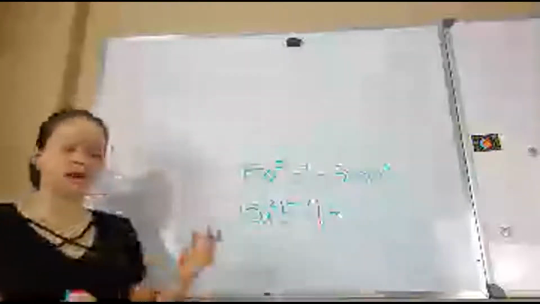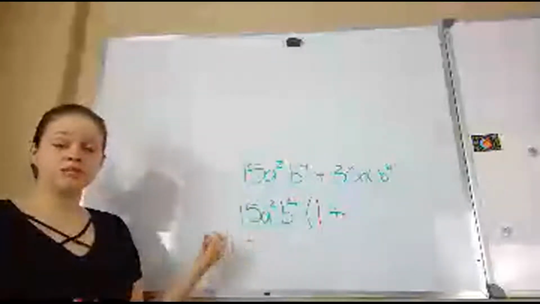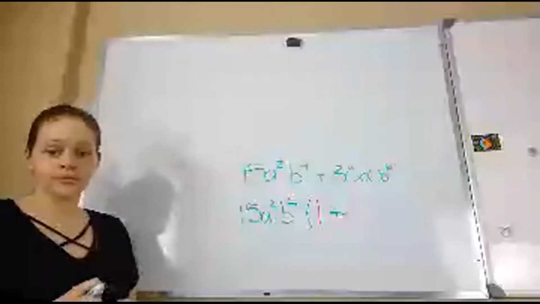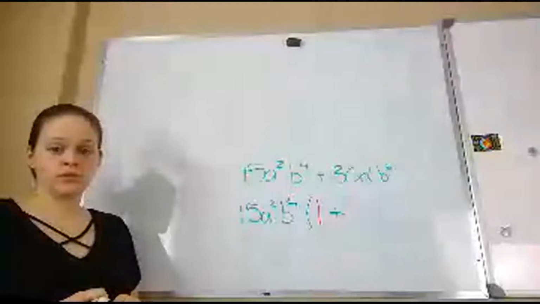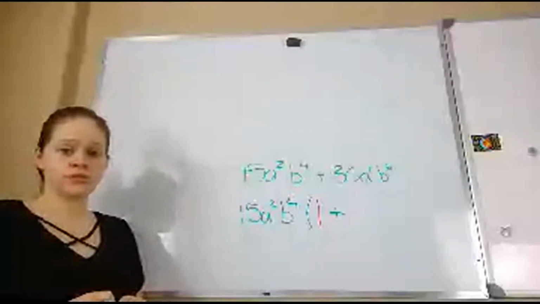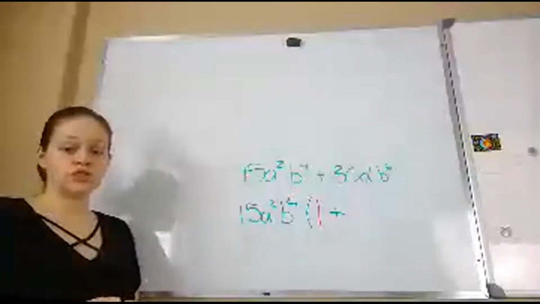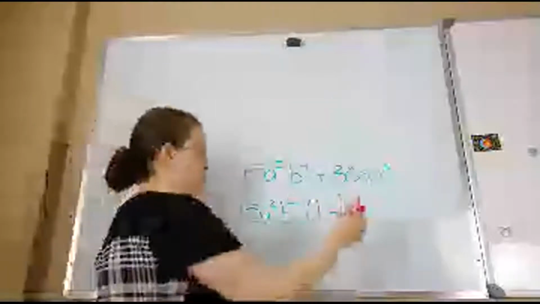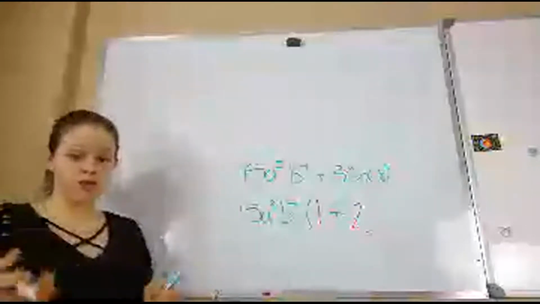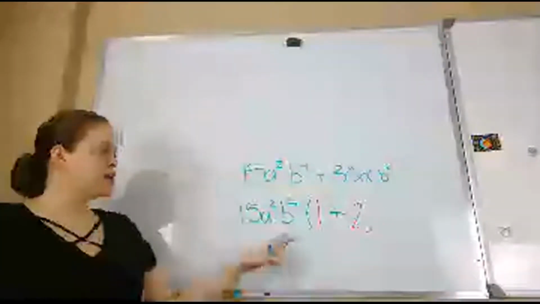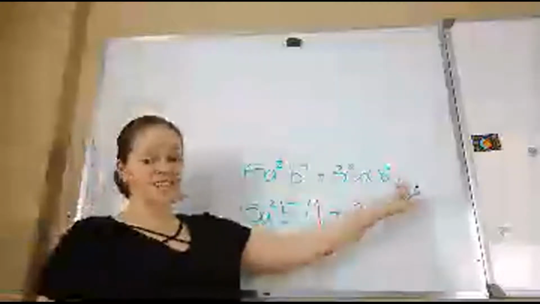Then I ask myself, 15 times what is 30? It should be 2. So 15 times 2 is 30. Then I have a squared here, so I'm just going to have a squared. I don't have to put anything there. I have b to the 4, and I have b to the 6 here.